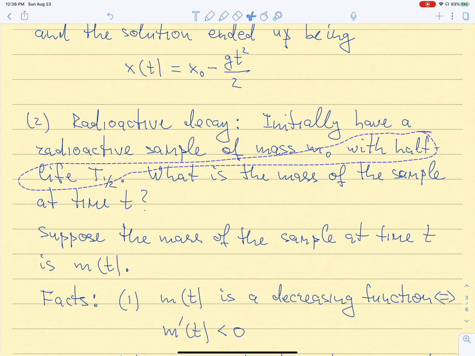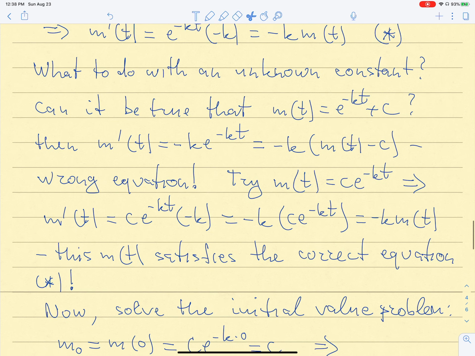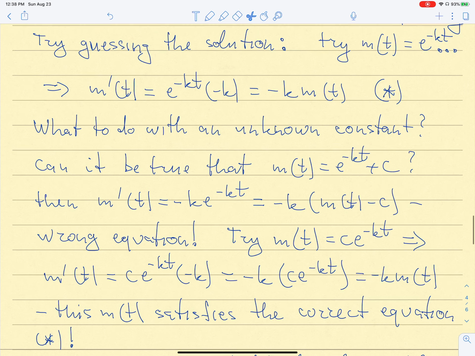The half-life describes how fast the decay is going to happen, right? The larger the half-life, the slower the sample is going to decay. And the smaller the half-life, the faster the sample will decay. So T1 half is going to describe the rate of radioactive decay.